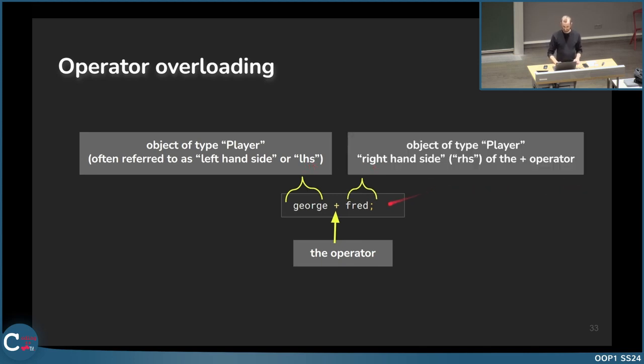And this side, Fred, is also an object of type player. It's the right-hand side of the plus operator. It's not that complicated. So this is the left-hand side, this is the right-hand side. This is an operator which has two sides, the left side and the right side. Keep that in mind for later.